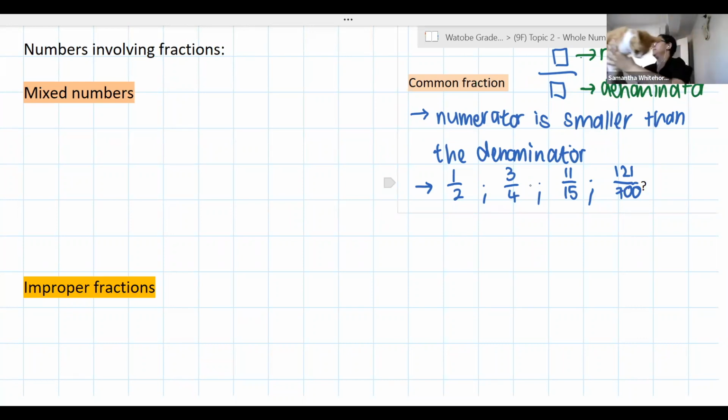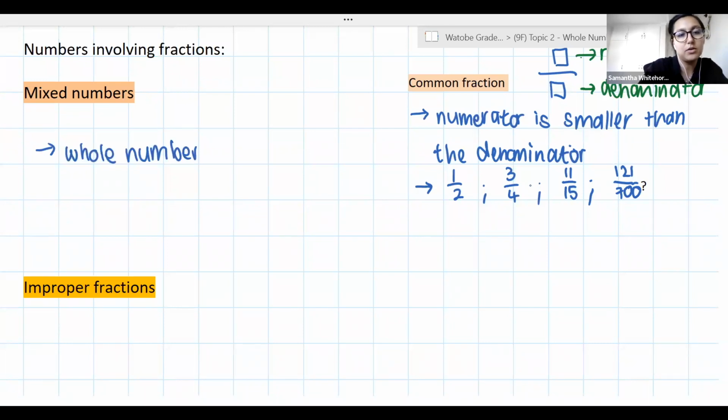I think a mixed number is when there is a whole number and a numerator and denominator. Well done, excellent. So we can say a whole number. We could also just say an integer, because sometimes they can be negative, with a fraction to it.